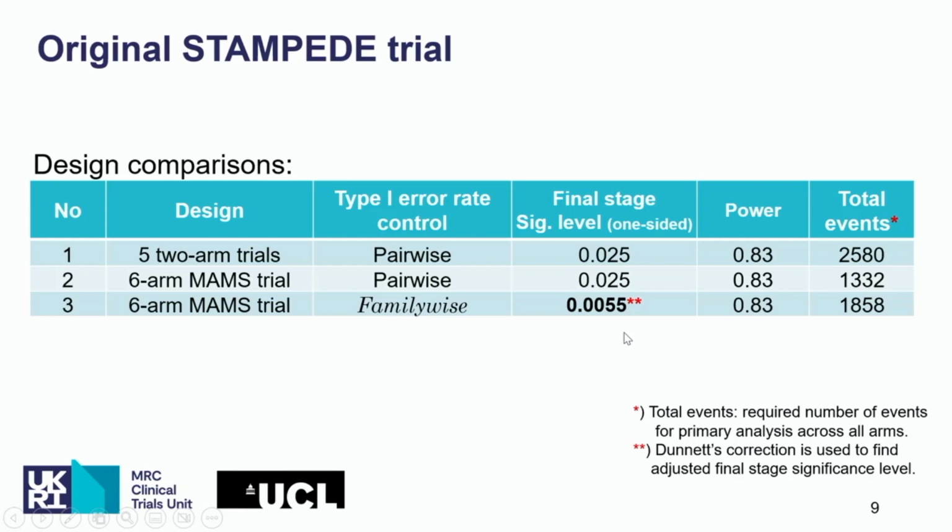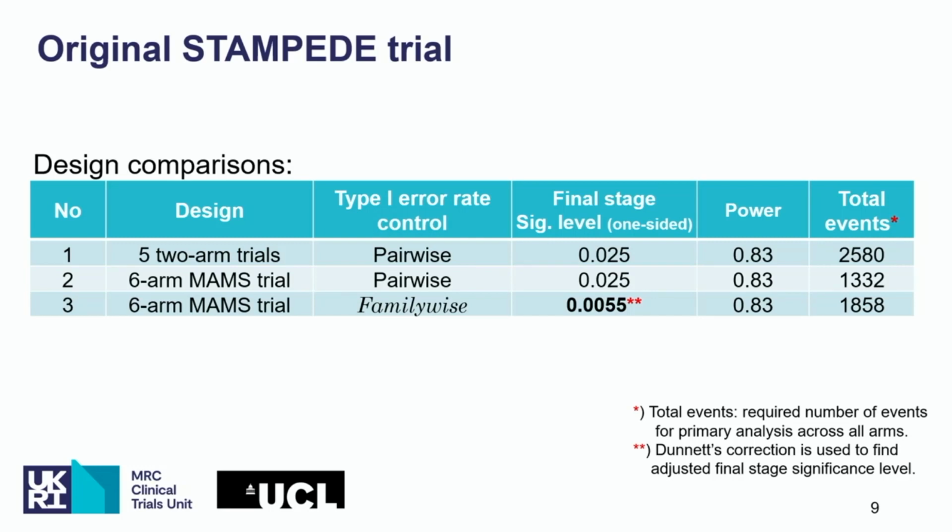Another side effect is that you need to correct the final stage significance level for multiple testing. Now, your p-value threshold at the final stage for the efficacy analysis would be 0.0055. I used Dunnett's correction, which is one of the most efficient multiple testing procedures, to get that value. So if you see a p-value of less than that, then you claim efficacy.